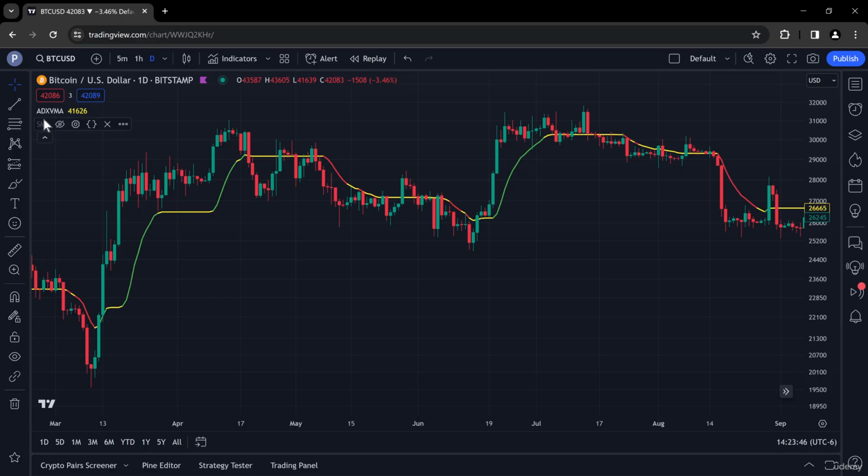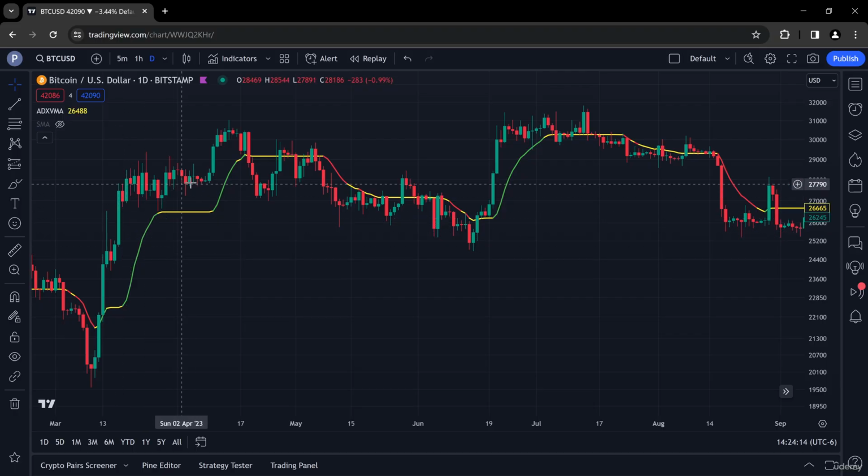So this ADX VMA indicator combines two indicators inside of it: ADX to identify a trend, and the VMA indicator. It is a moving average indicator that is a variable moving average. When the market is strongly trending, the VMA indicator is following closer to the price.